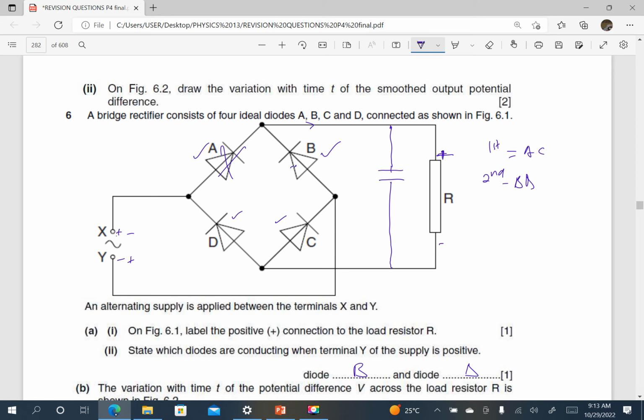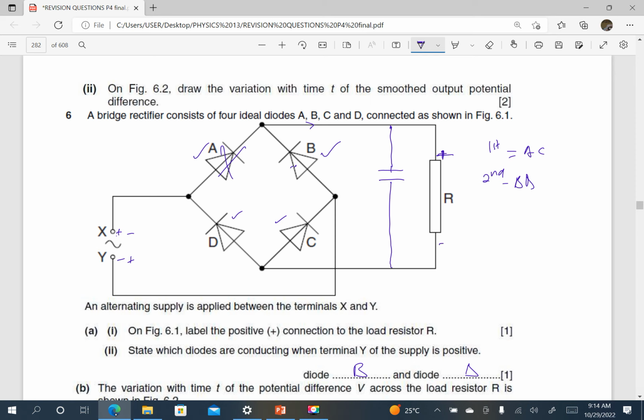Diode A stops functioning, so that now it has infinite resistance. So if A is not functioning, let's see. For the first half cycle, B conducts and D conducts. That is fine. Second half cycle, Y is positive, B conducts, and D is conducting.